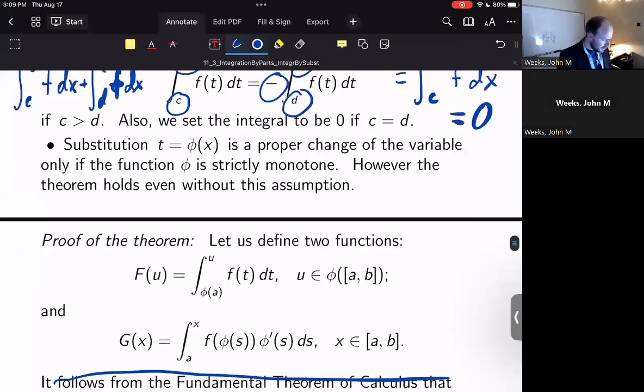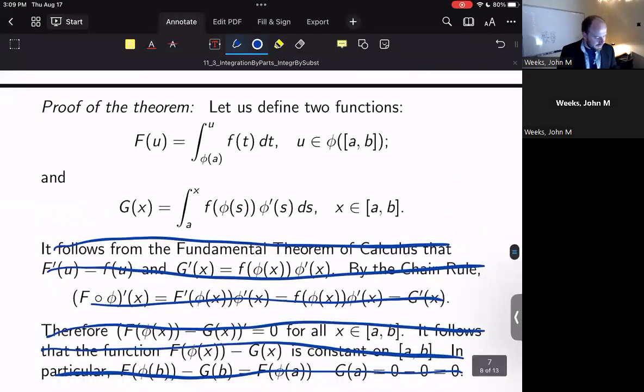So let's go through this proof real quick. First things first, we're going to go through and define a few functions. We can recognize this big F as fulfilling the same role as big F did in our proof of the fundamental theorem of calculus. Here, we're going to start from phi of a, the beginning point for our interval, and then we're going to let our variable determine the top limit of this integral.